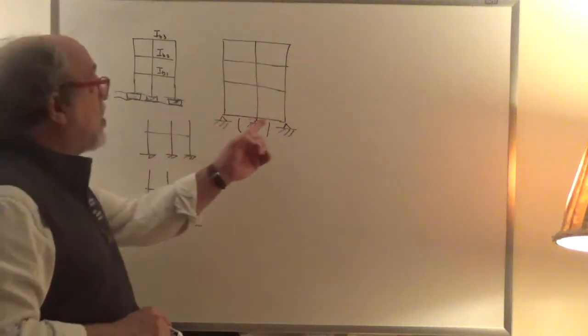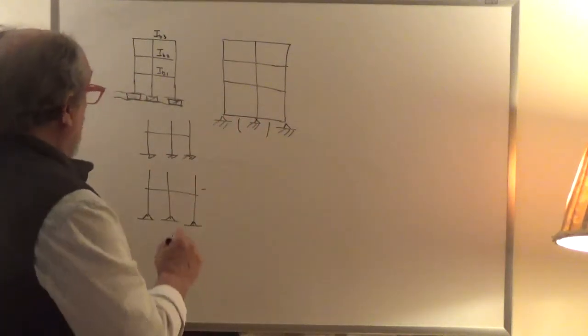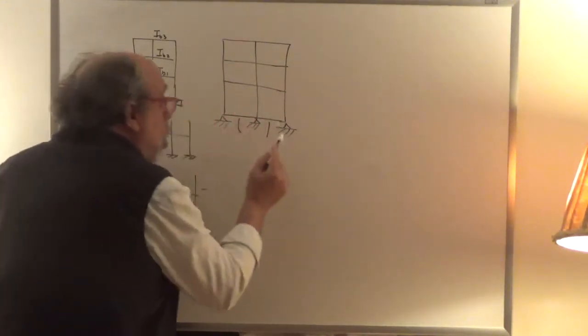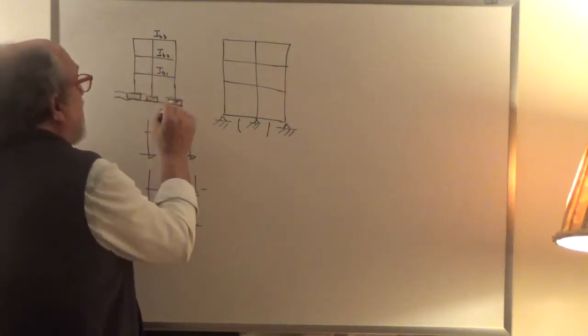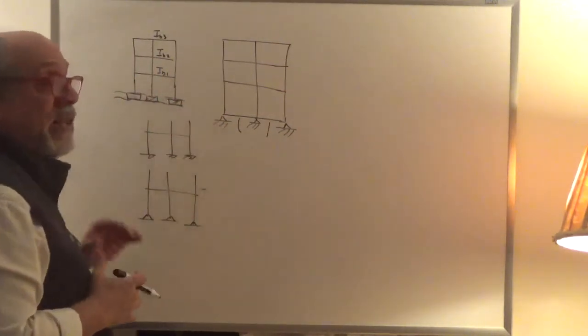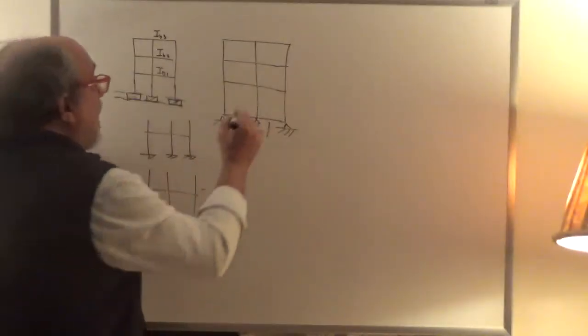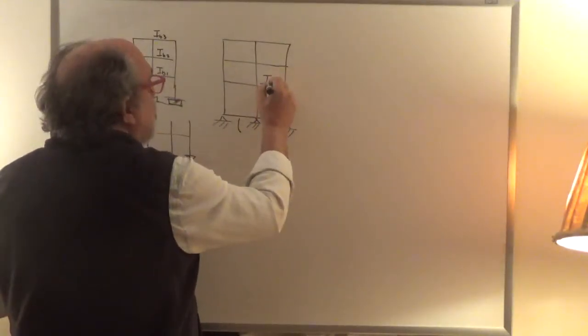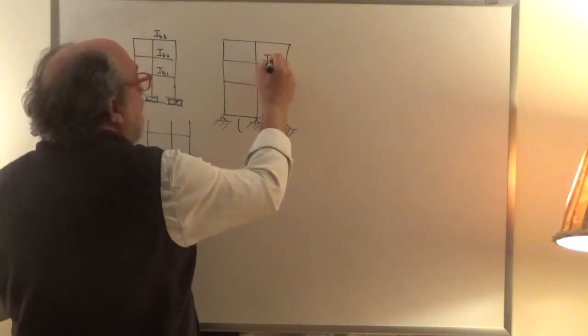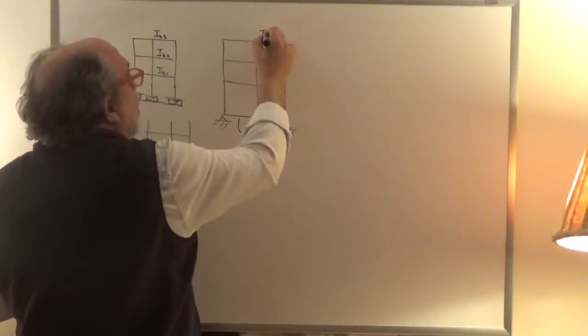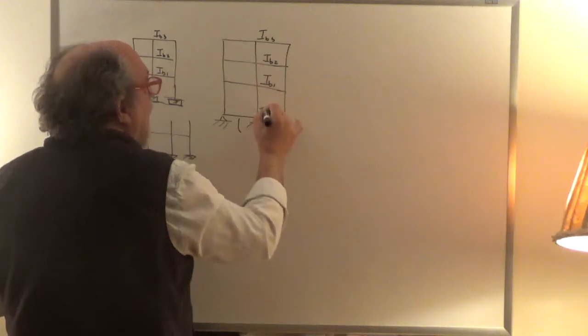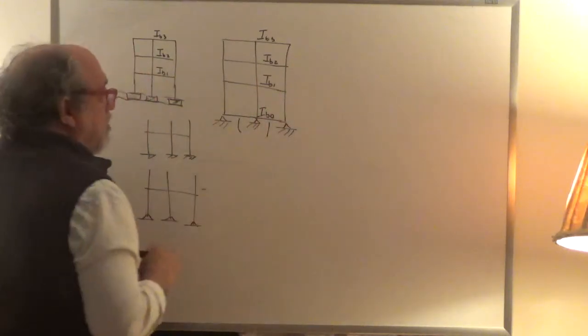But for other stiffnesses, we can model some flexibility that occurs at the interface between the footing and the ground. So we can then say that we have uncertainty on the beam of level 1, on the beam of level 2, on the beam of level 3, and on the beam of level 0.